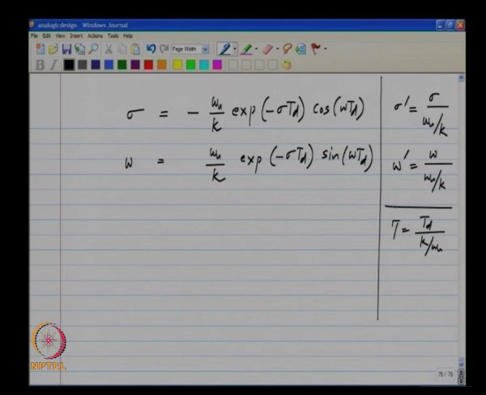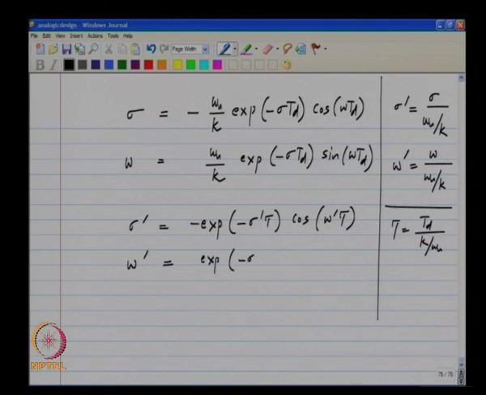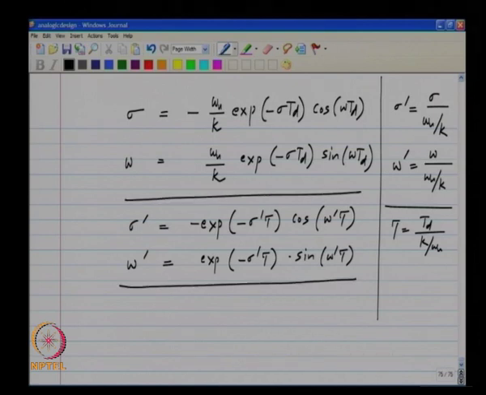With this normalization, we can rewrite this as sigma prime is minus exponential minus sigma prime tau cos omega prime tau, and omega prime is exponential minus sigma prime tau sin omega prime tau. Okay.